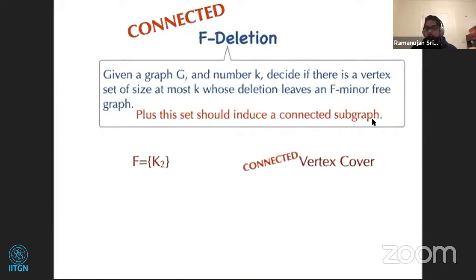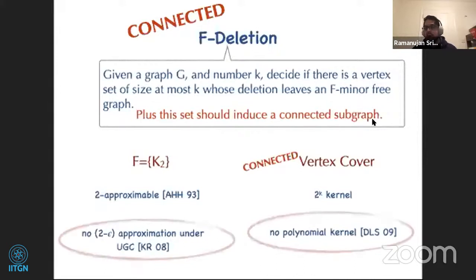Already for the connected vertex cover problem, as we saw earlier, it is too approximable and there's an exponential size kernel, but we know that there is no polynomial size kernel. So that already killed the idea of studying kernelization for connected F deletion in the crib.